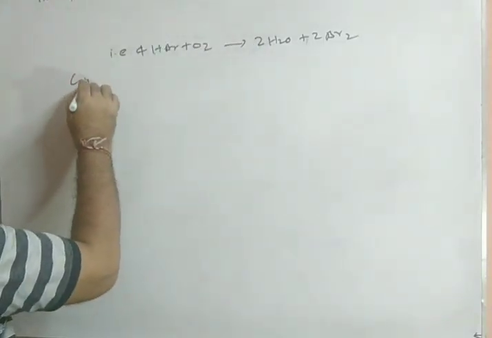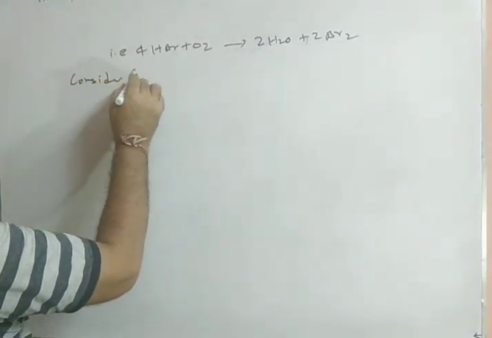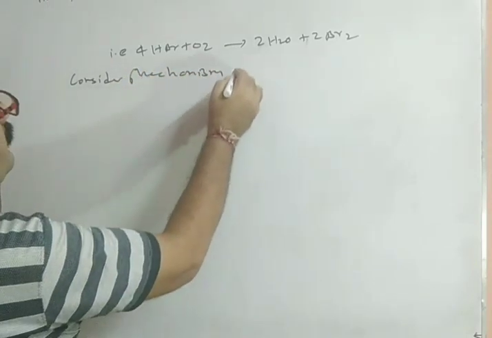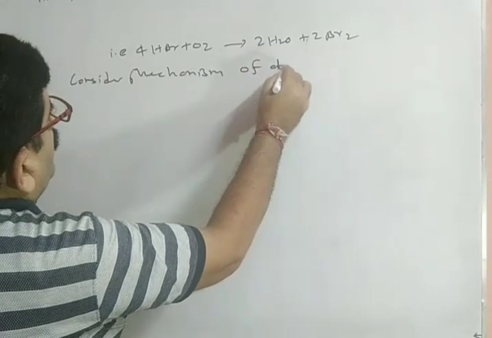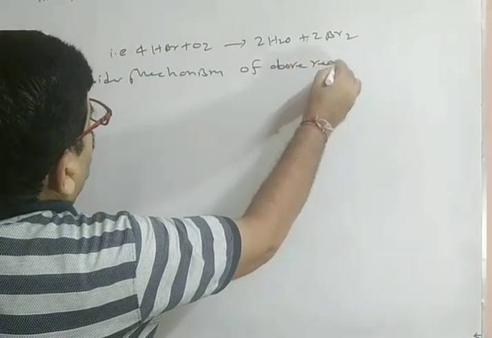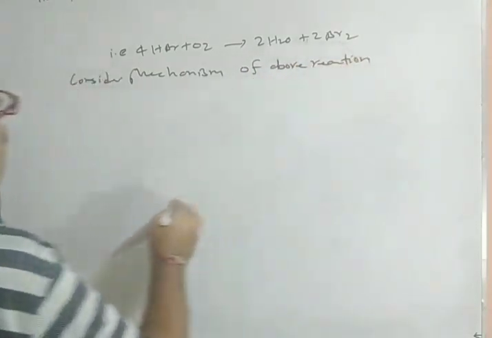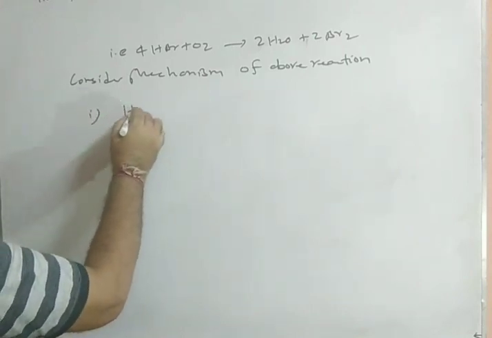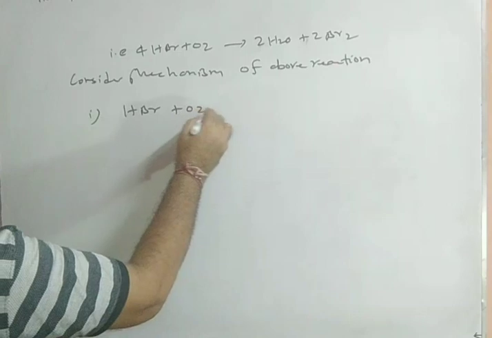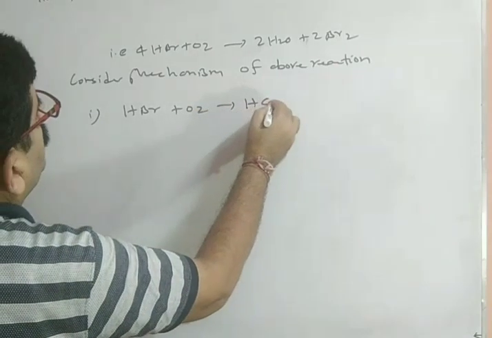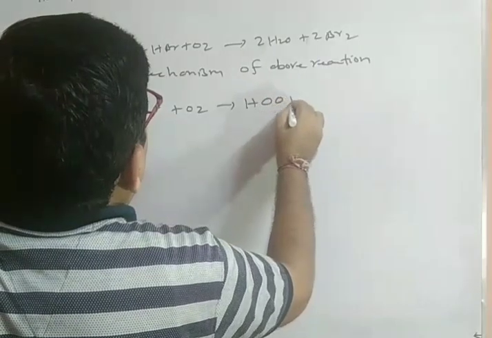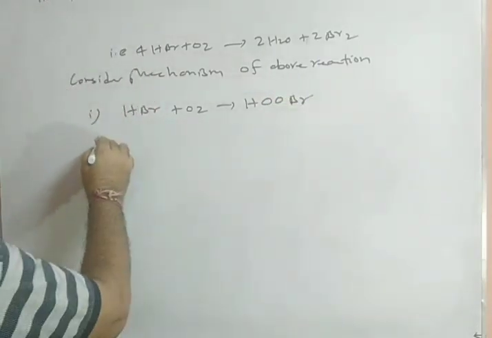Consider the mechanism of the above reaction. First, HBr plus O2 gives HOOBr.